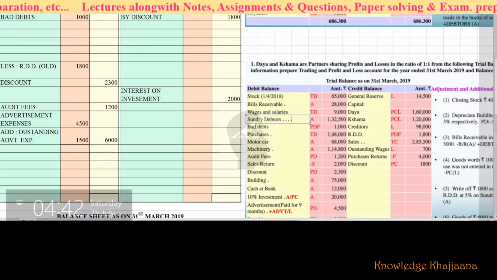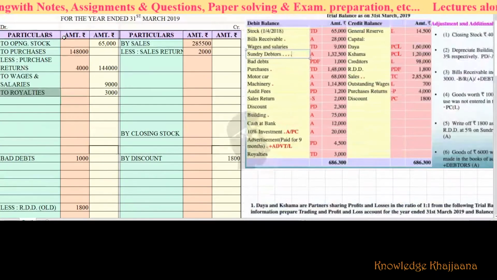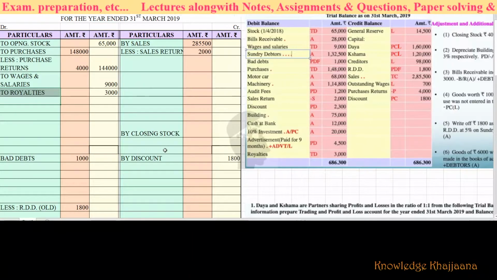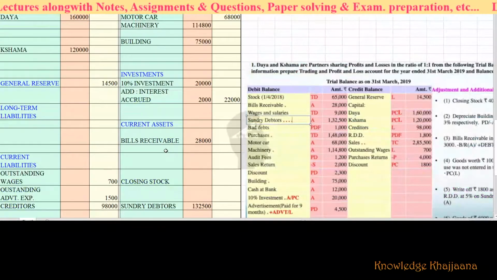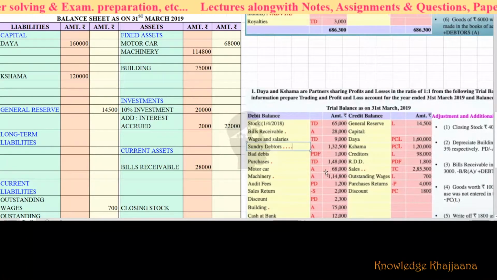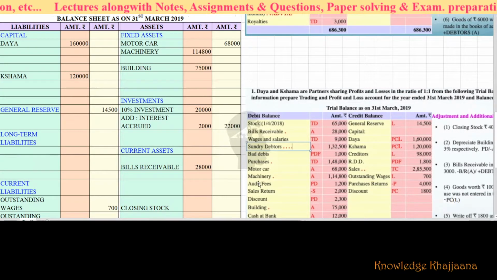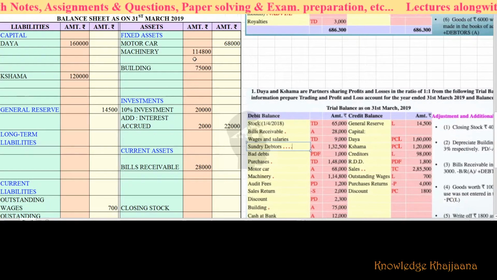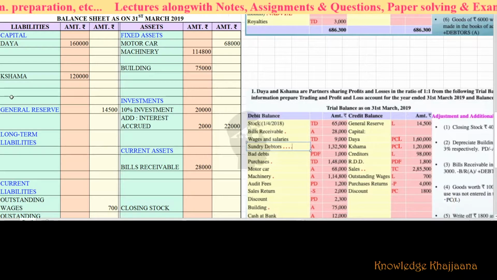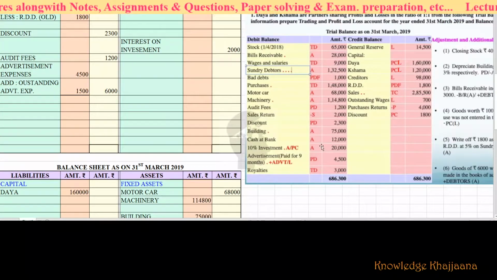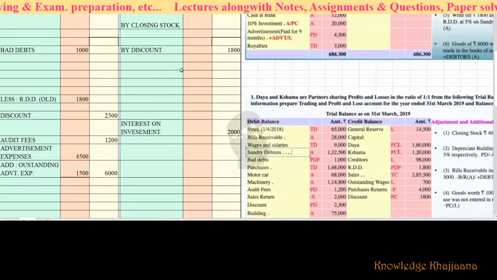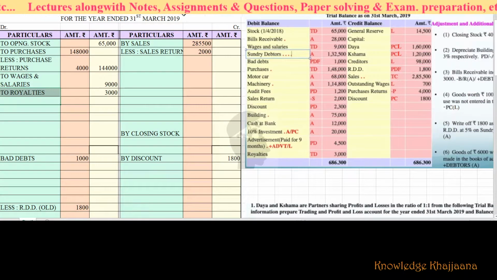Purchases of rupees 1,48,000 we have already recorded. Motor car of rupees 68,000. Machinery of rupees 1,14,800. Audit fees rupees 1,200. Sales return rupees 2,000.